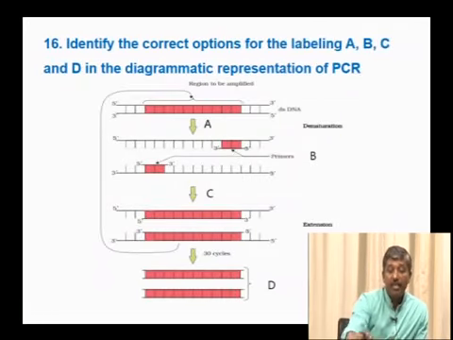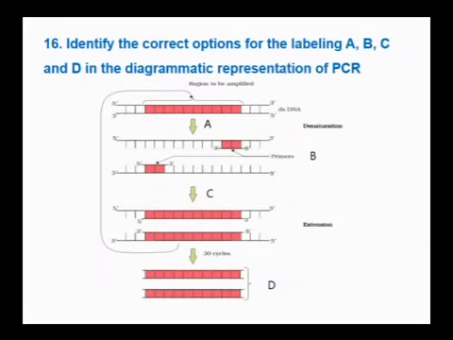Next, identify the correct options for the labeling A, B, C and D in the diagrammatic representation of PCR. See, denaturation. B step is annealing and C is extension. In denaturation, to denature the double stranded DNA to form template strands, we carry out it at 90 to 94 degrees Celsius, hence we use heat. After the separation of the 2 strands, next is annealing, where we add 2 primers for the extension.